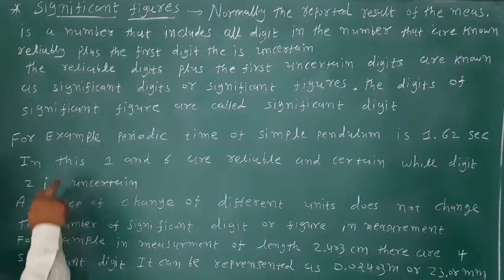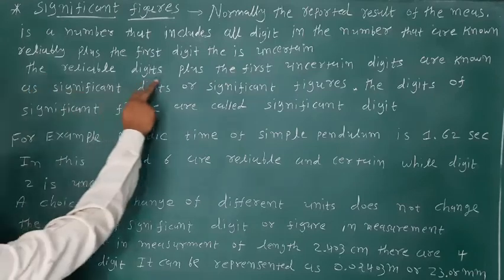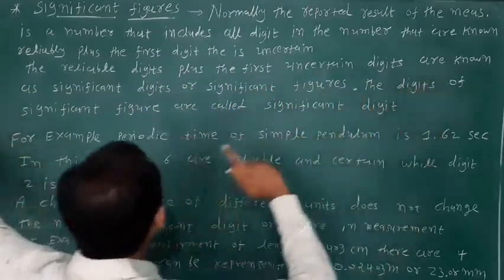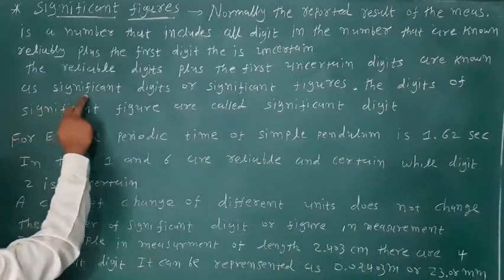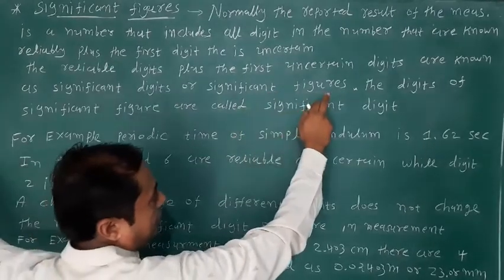Means the reliable digits plus the first uncertain digit are known as significant digits or significant figures.